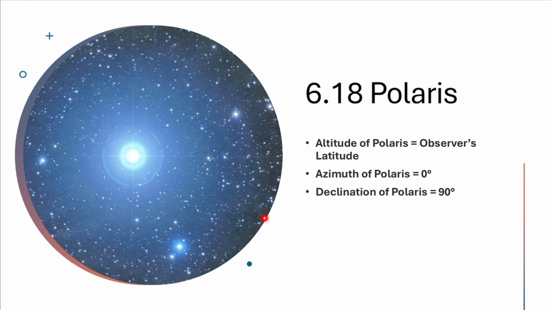So the altitude of Polaris will always equal the observer's latitude, and the azimuth of Polaris always equals 0 because it is the North Star, and an azimuth of north is 0. And the declination of Polaris, as it will be an observer's zenith of the North Pole, is 90.